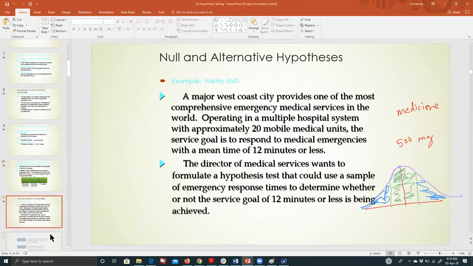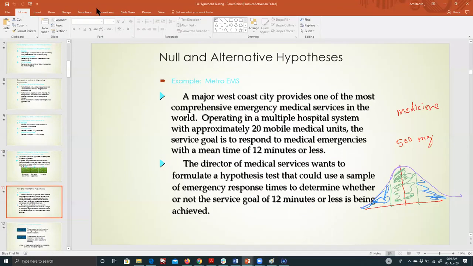Remember, the correct formulation is very important. Please note down this question. You have to solve this one.